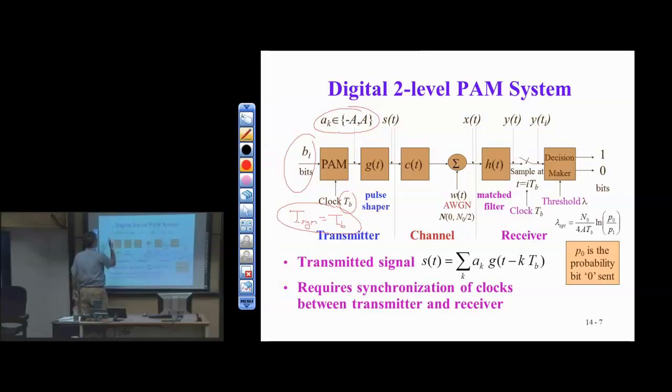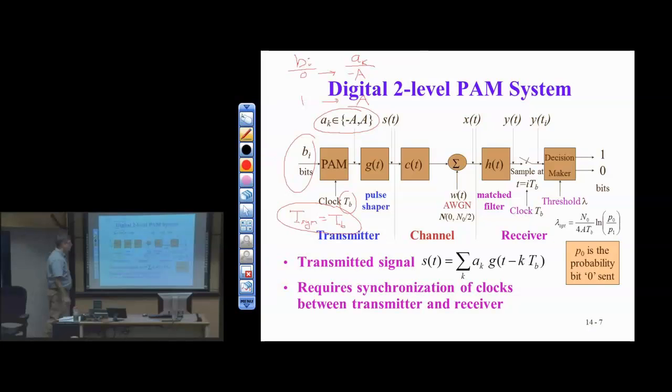So a bit of value 0 maps to minus A, and a bit of value 1 maps to capital A.